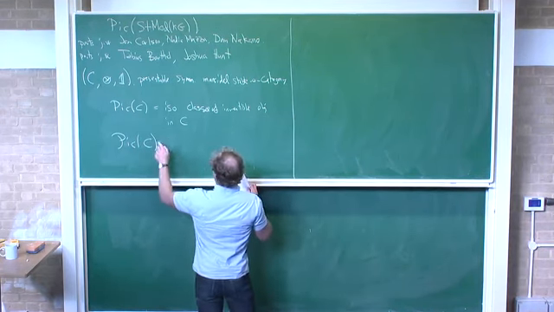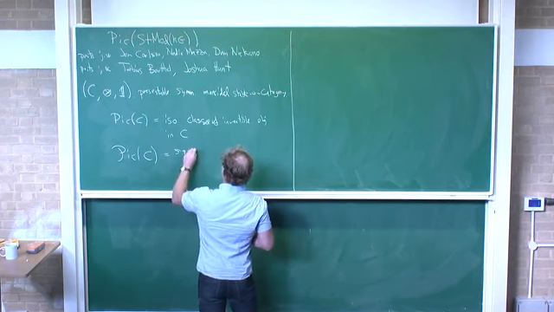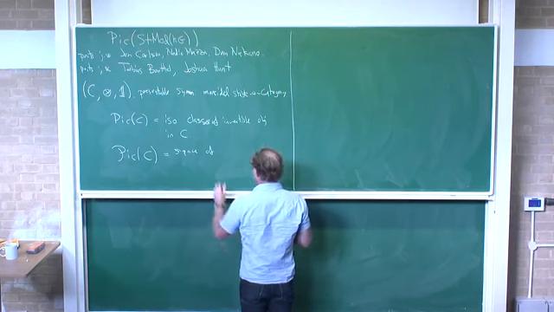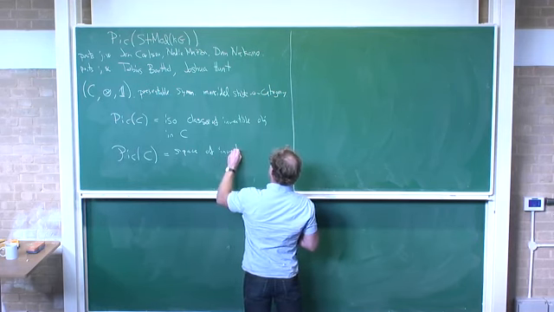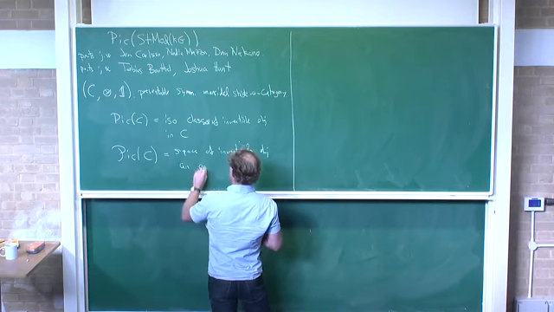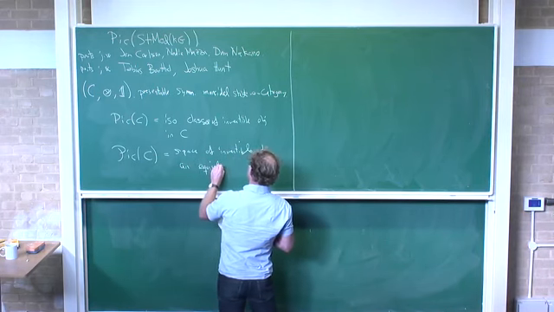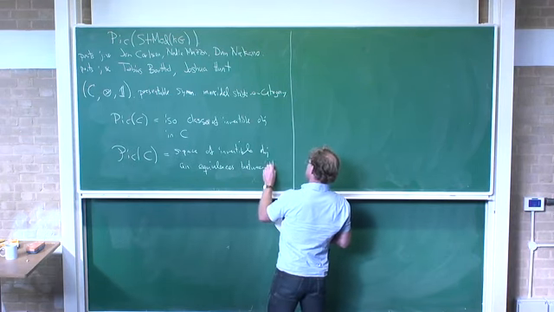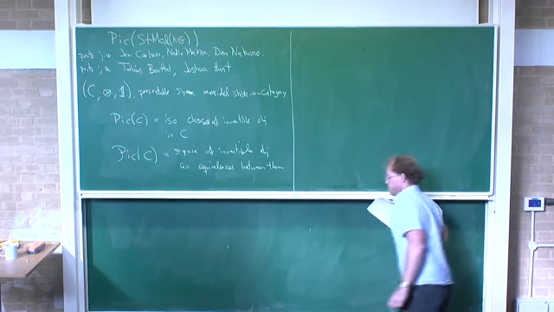So this is the space, or the infinity groupoid if you want, of invertible objects and equivalences between them. So that's the space.